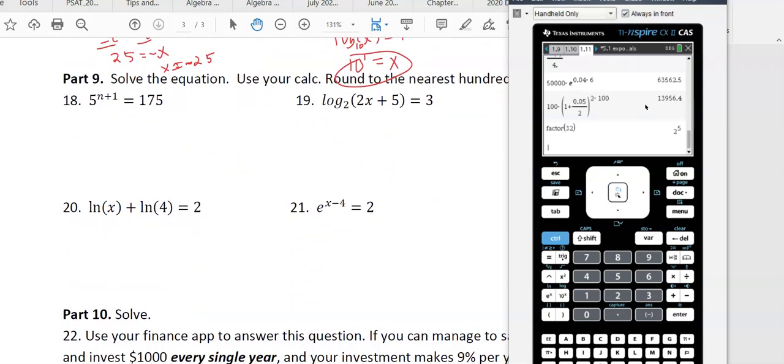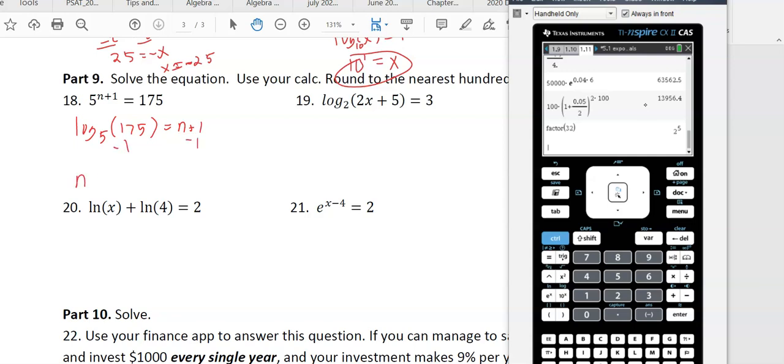This one, it says round to the nearest 100th. You're immediately thinking I might at some point have to use my calculator. So let's just put this in log form. So it'd be log base 5 of 175 equals the exponent, which is n plus 1. Subtract 1.